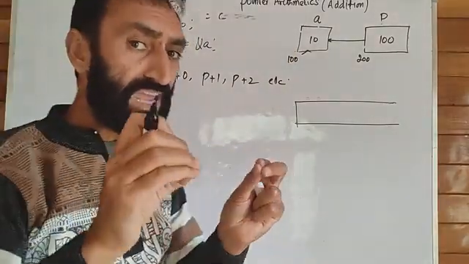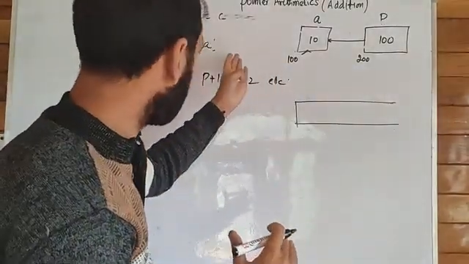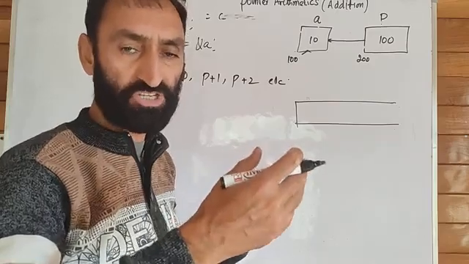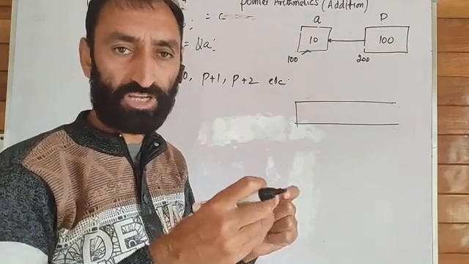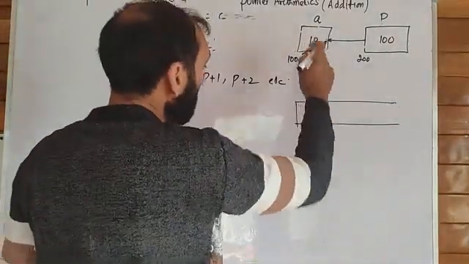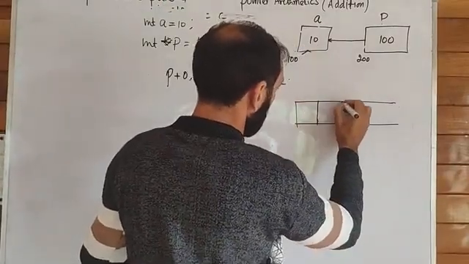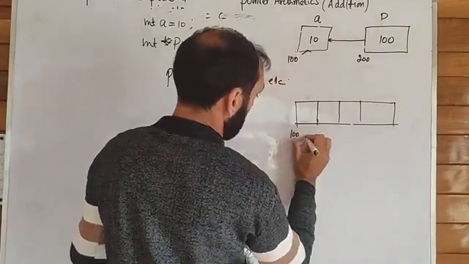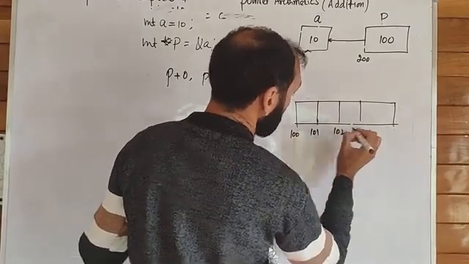That means how many bytes of memory are allocated? 4 bytes, since we are using a 32-bit machine and a 32-bit compiler, which allocates 4 bytes of memory to an integer. So here we have 4 bytes, with addresses 100, 101, 102 and 103. The base address is 100.